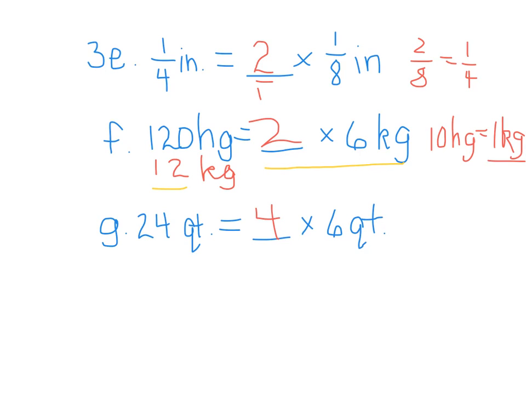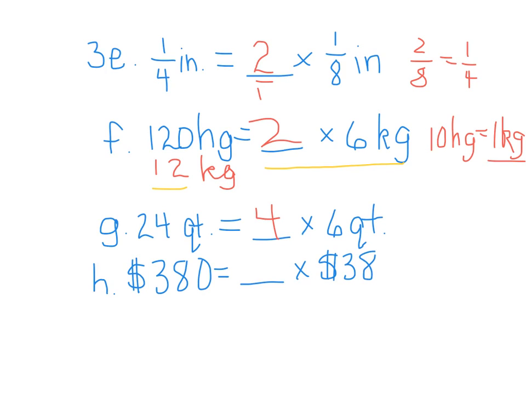So there's that answer to G. All right, H, $380 is, that's my equals, blank times as much as $38. Well, I should quickly be able to see that if I have a 0, that's going to be 10. So 10 times 38 is 380.